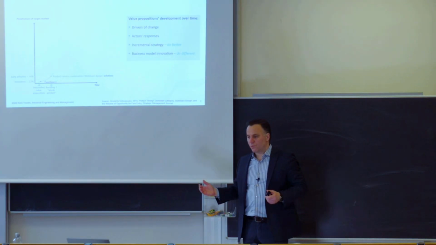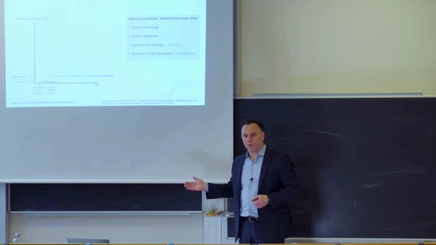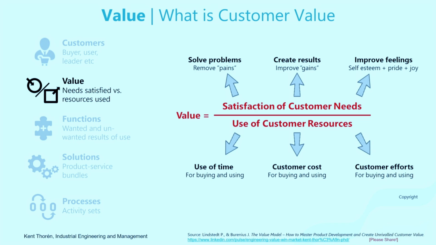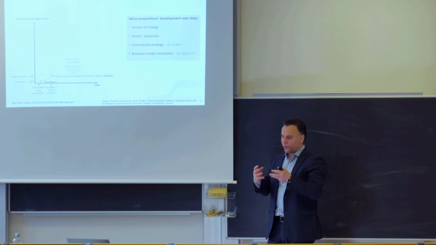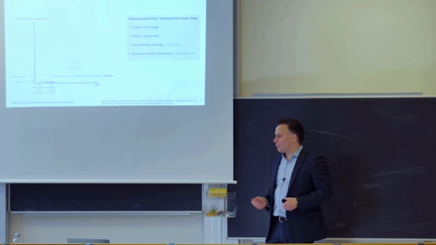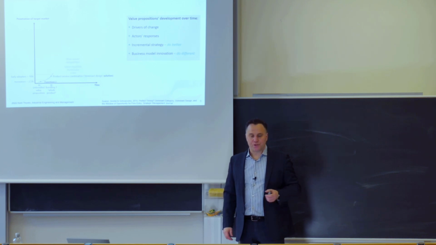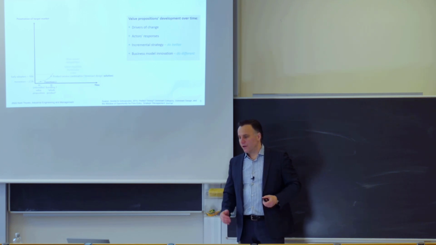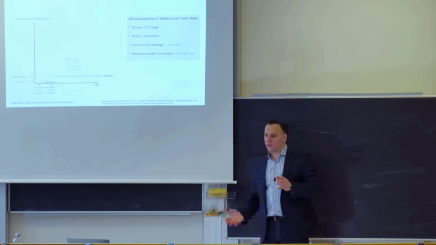Okay, so we're still in the blue ocean, and remembering the definition of value, the satisfaction of customer needs, that's what's dominating now. We try to satisfy needs better and more needs. Maybe we add a little bit of functions to get those complementary needs, like if we provide a new service, a new software, maybe we offer also a little bit of training or backup systems or something like that. And we really need to get that together into a whole package.